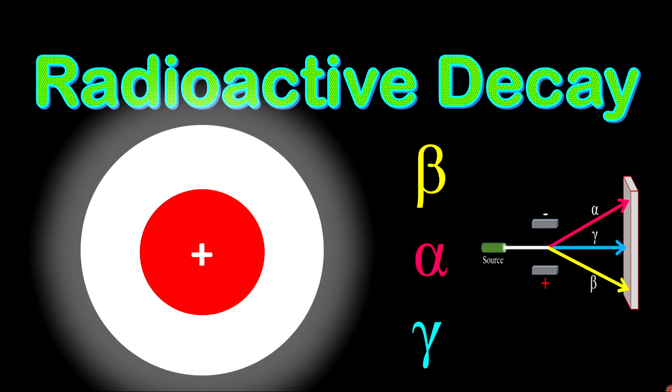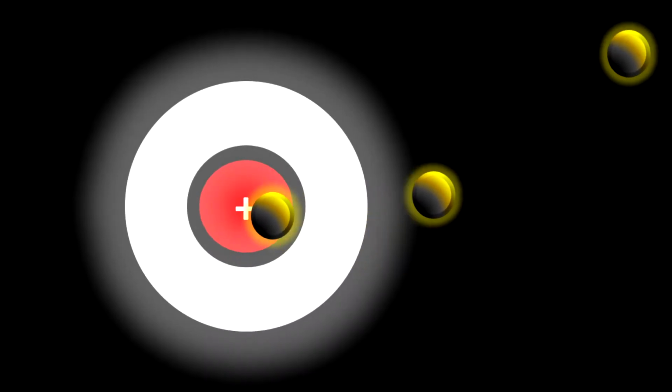So the first thing I want to do is to go through a concept with you, right? What I want you to understand is that unstable atoms will release radioactive substances or radioactive particles. In some instances, the atoms may also absorb radioactive particles.